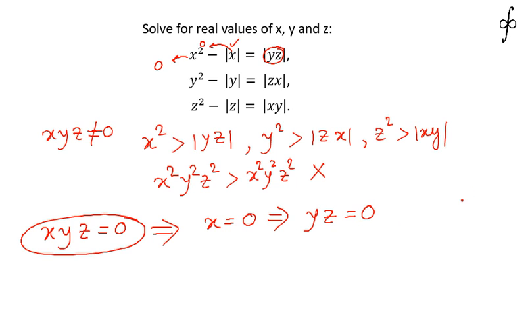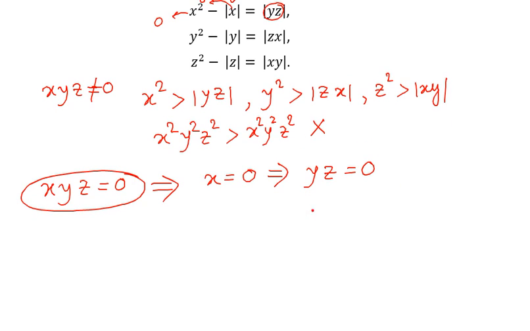Now if yz is 0, then this will lead to possibilities like we can have both y and z to be 0. In that case, we are getting the trivial solution, that is x equal to 0, y equal to 0 and z equal to 0. But it can also lead to a case that y is equal to 0 and z is not equal to 0.